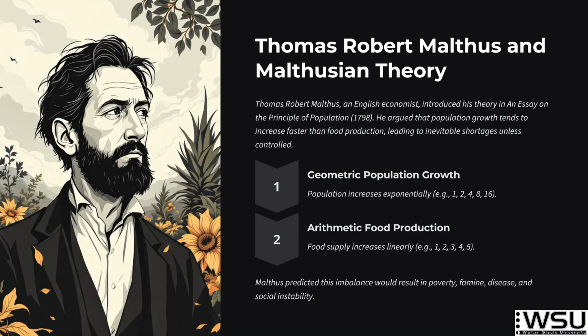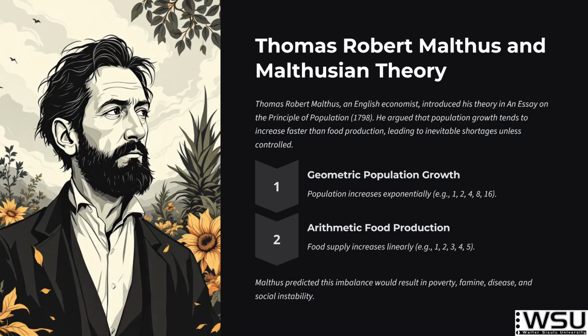Like if you have to speak about the linear approach or linear fashion of food growth, so it means that much as people are growing faster, we need to be aware that food is not growing exponentially, but linearly, very slowly. That is what Malthus said in his theory in 1798.